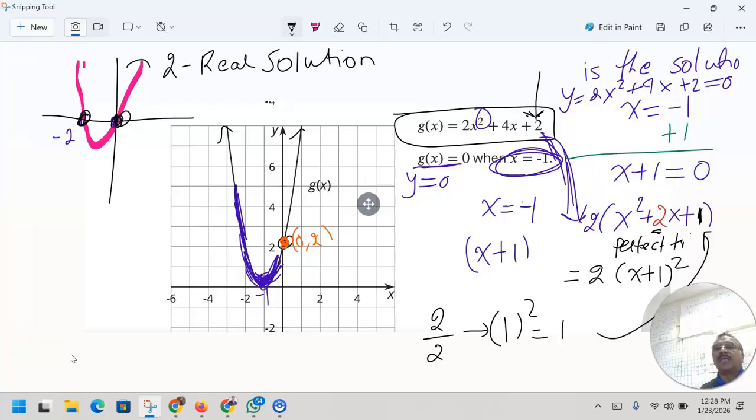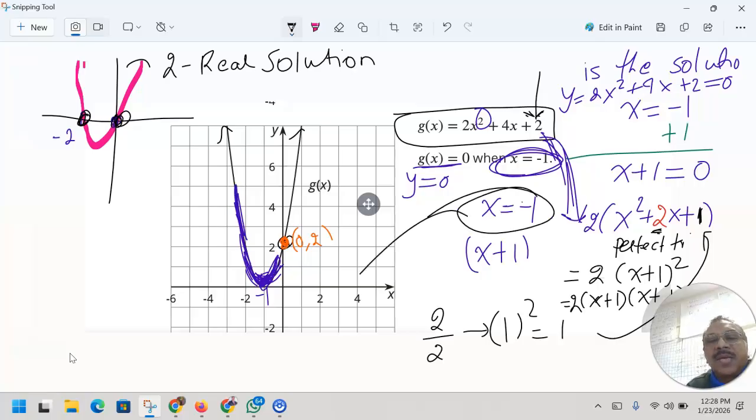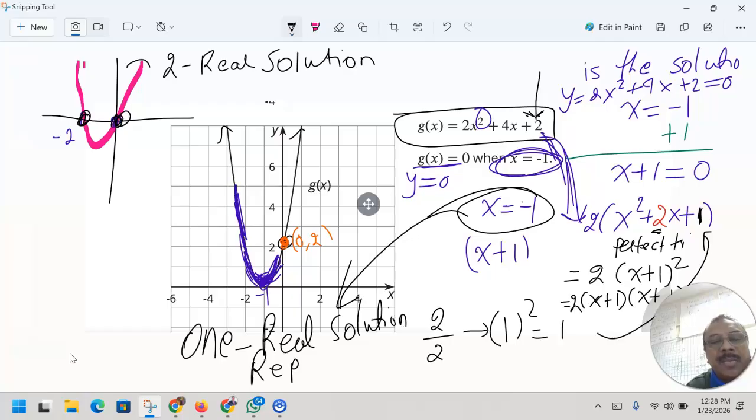So what this means is that x plus 1 is repeated twice: 2 is outside, x plus 1, and another x plus 1. So even though you see it as one real solution, it is repeated twice.